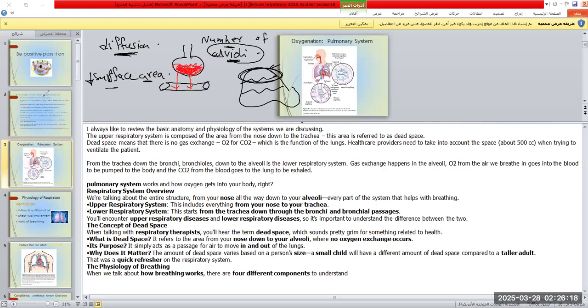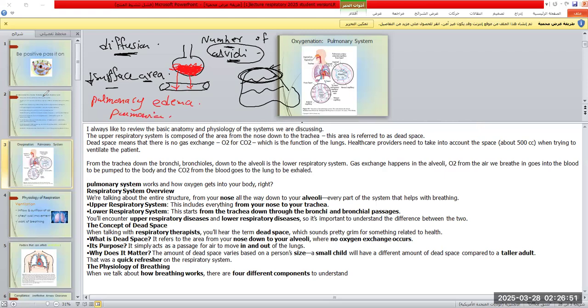So that means if you have chronic obstructive pulmonary disease, it is going to affect diffusion? No, COPD, chronic obstructive pulmonary disease, is going to affect our compliance. But diseases that increase the amount of fluid in our alveoli will affect diffusion, like pulmonary edema and also pneumonia.